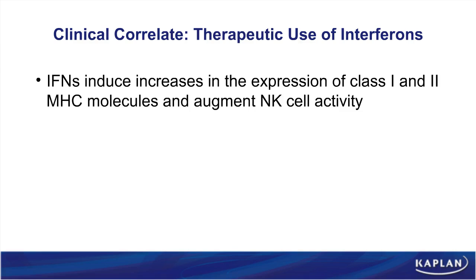In general, though, the interferons, and again, we have to also include interferon gamma here, even though interferon gamma doesn't have a direct antiviral effect if we're comparing it to alpha and beta. But in general, when we talk about the interferons, they can increase the expression of both class 1 and class 2 molecules on the surface of cells.